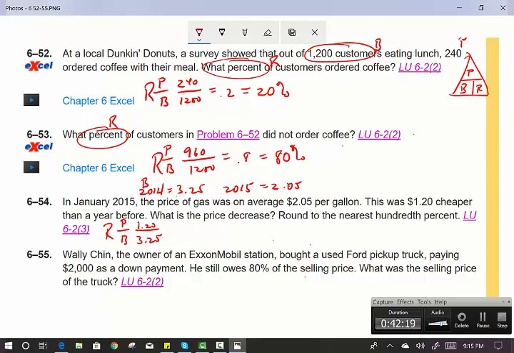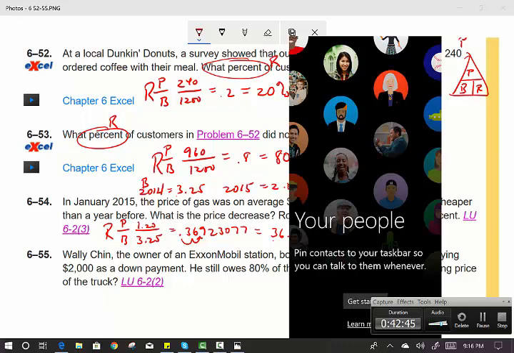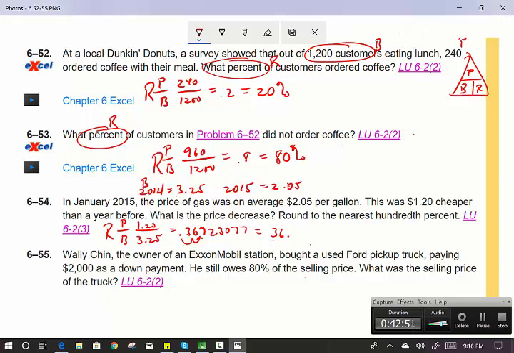That equals 0.36923077. Okay, I'm going to move the decimal point 2 places to the right, and that's going to represent a decrease of 36.92%. Decrease of 36.92%.